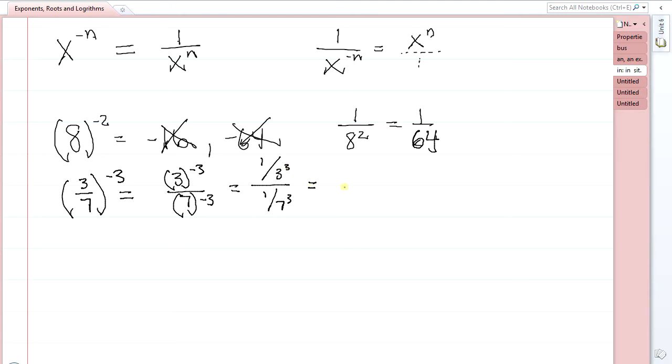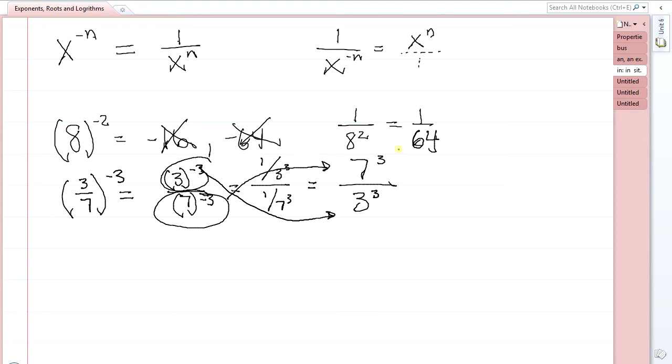I would be more inclined to skip this step and just say, okay, fine. If I had 3 raised to the negative 3 on the numerator, then 3 to the positive 3 will be in the denominator. If I see 7 to the negative 3 in the denominator, I'm immediately going to write 7 to the 3 in the numerator.